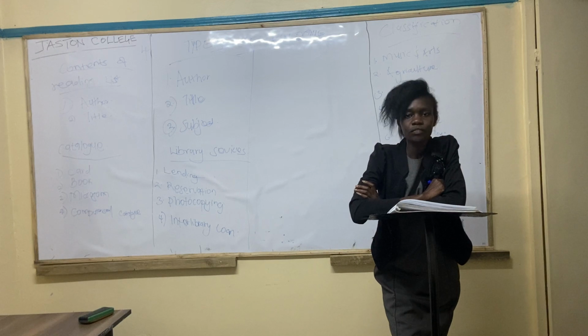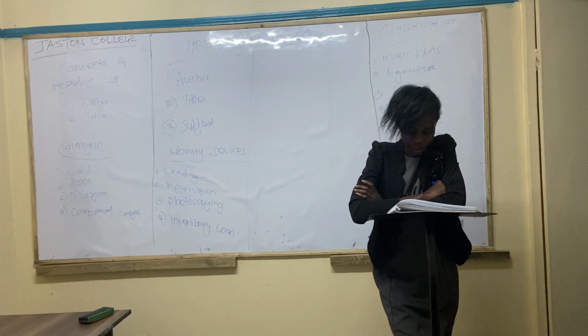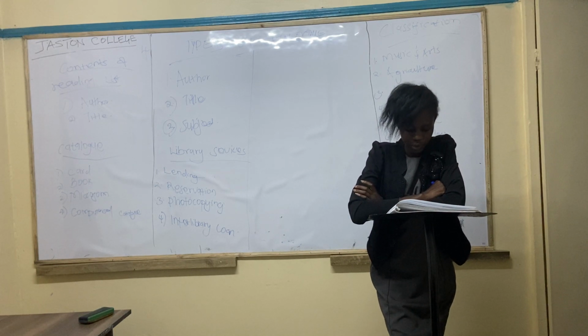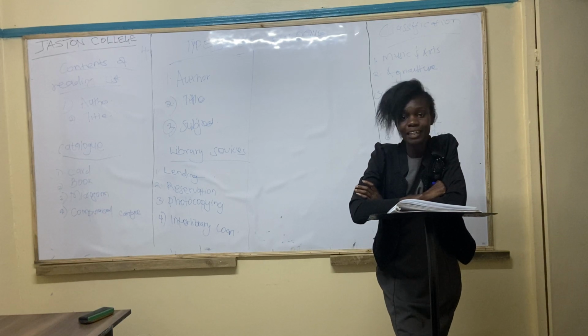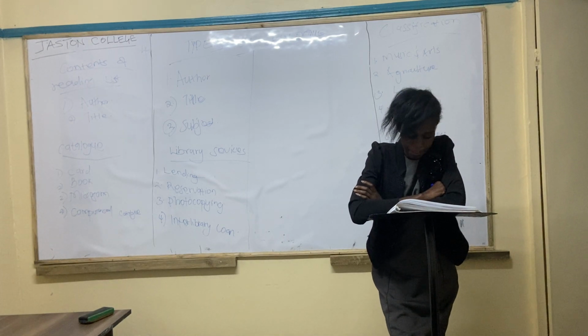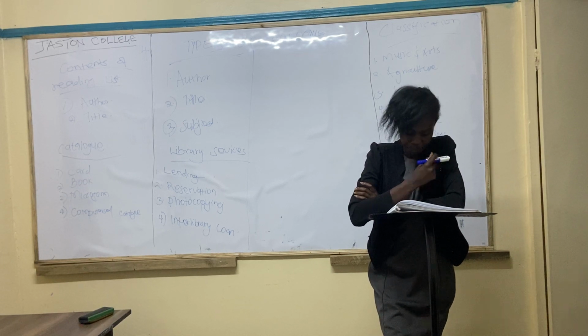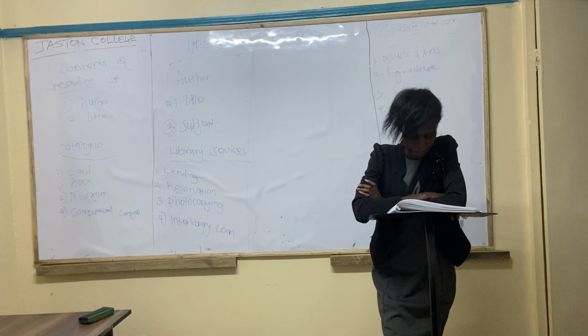So what are the formats of a bibliography? Format number one, it is always given at the end of an essay. The sources are arranged in alphabetical order. The third one, the list should contain relevant sources when preparing a written essay.